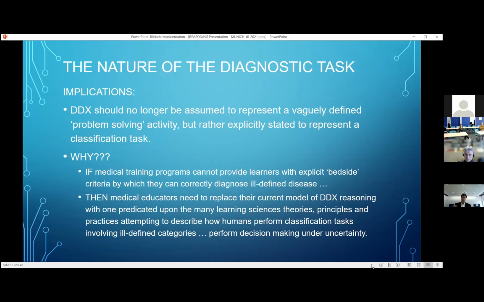Well, if we can't provide learners with explicit bedside criteria by which they can correctly diagnose ill-defined diseases, then medical educators need to replace their current model of diagnostic reasoning with one that's predicated upon the many learning sciences, theories, principles, and practices attempting to describe how humans perform classification tasks involving ill-defined categories, or simply put, perform decision-making under uncertainty.